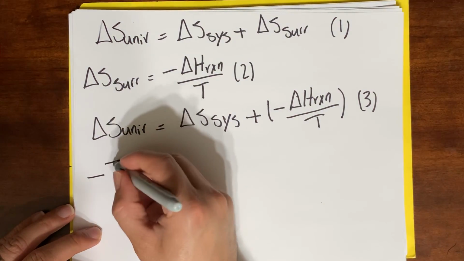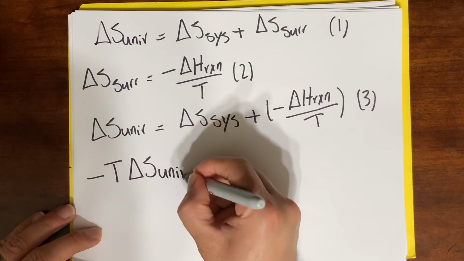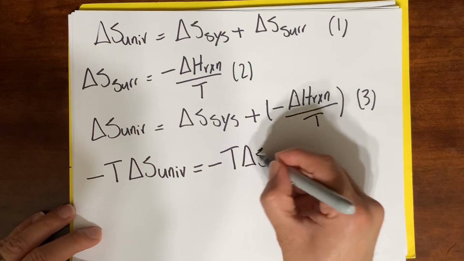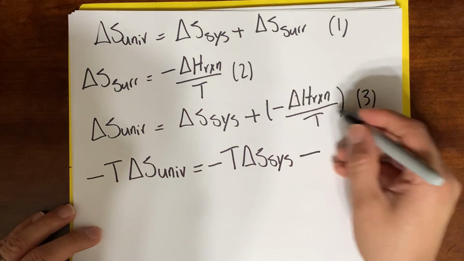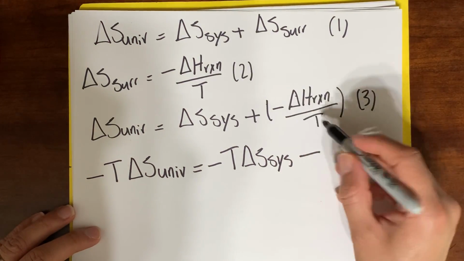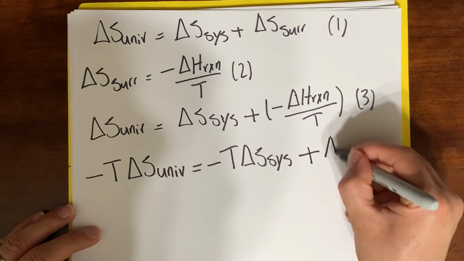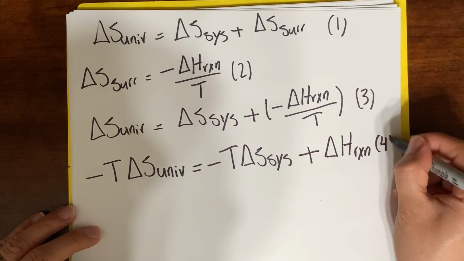I get minus T delta S universe equals minus T delta S of the system. And here minus times minus will be positive, and T by T will cancel, so I get plus delta H of the reaction. Call it 4.